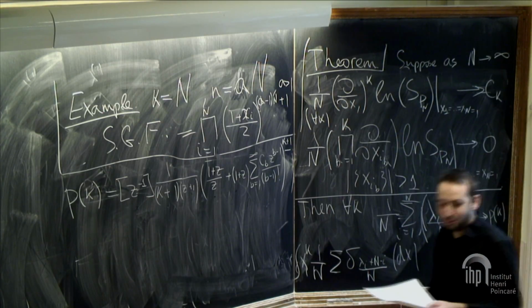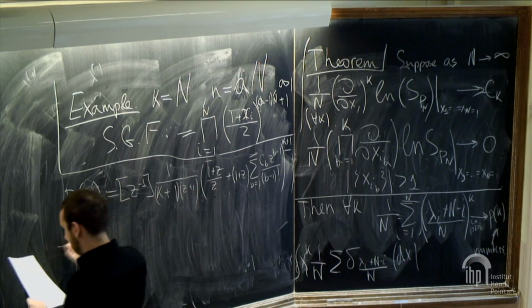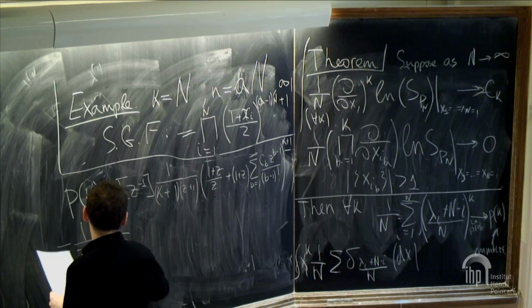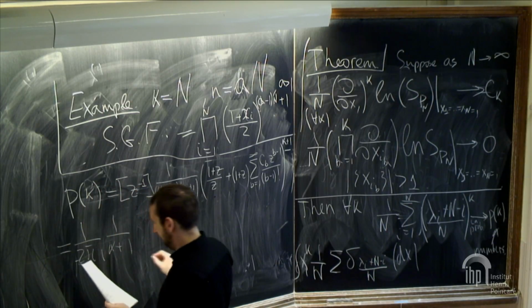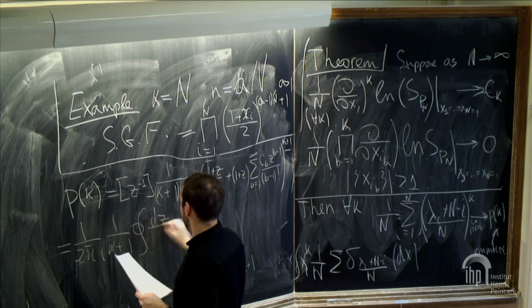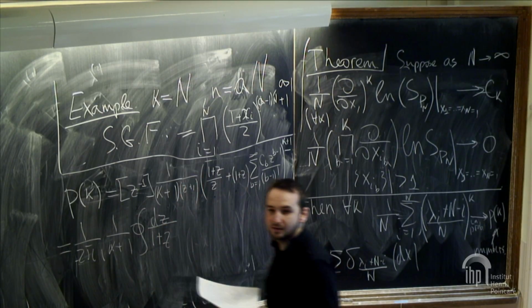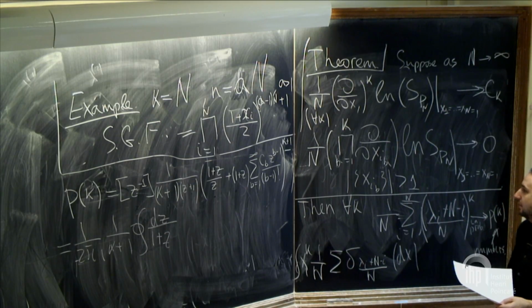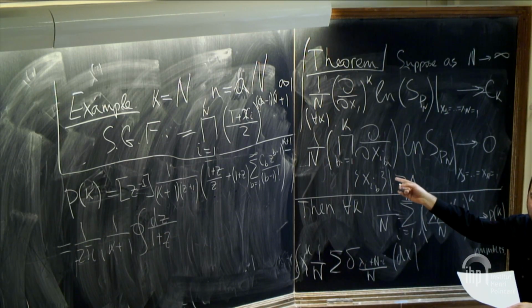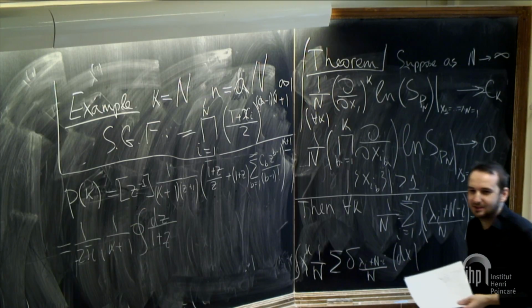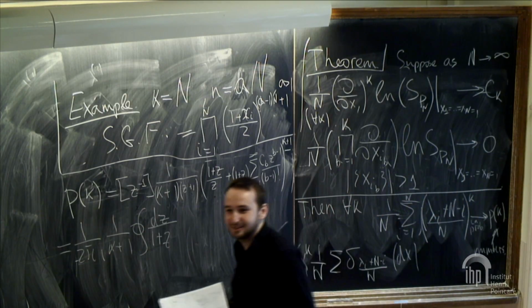Or some people prefer contour integrals. If you prefer contour integrals, then you can write it in the form 1 over 2 pi i, 1 over k plus 1 of the integral dz. The integral will be just the same. It's some version of that.